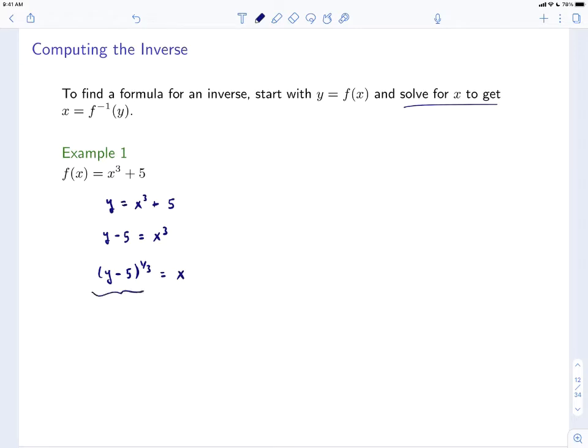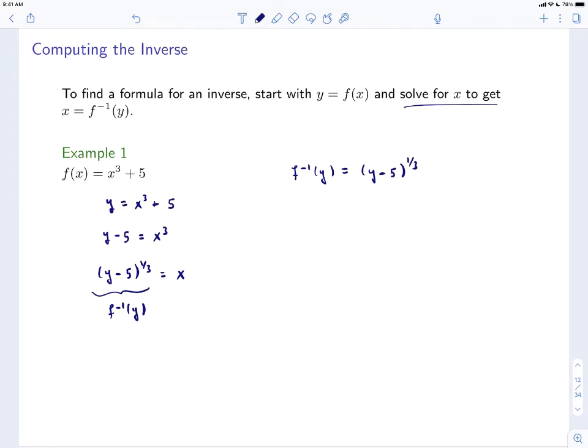Now this function right here is f inverse of y. That is to say, the cube root of y minus 5 is the formula that gives you the inverse. So our inverse, f inverse of y, is equal to (y minus 5) raised to the 1/3.